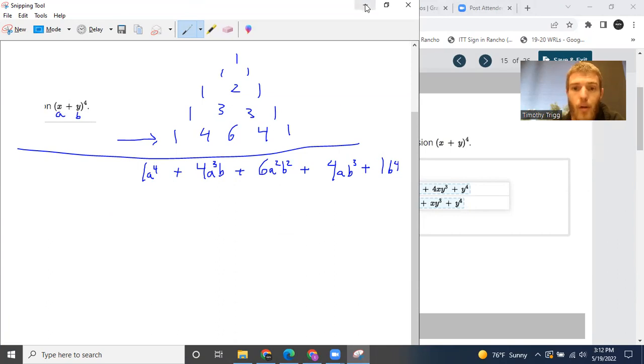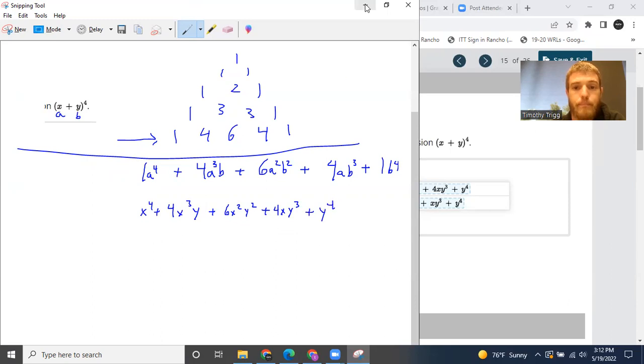Wasn't that great? Now, instead of A and B, we'd be using X and Y. So this will be X to the 4th plus 4, X to the 3rd, Y, plus 6X squared, Y squared, plus 4X, Y to the 3rd, plus Y to the 4th.